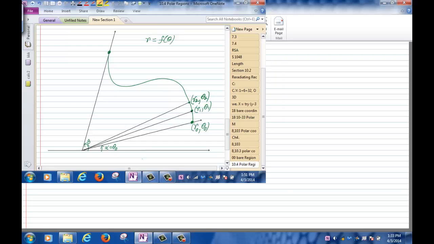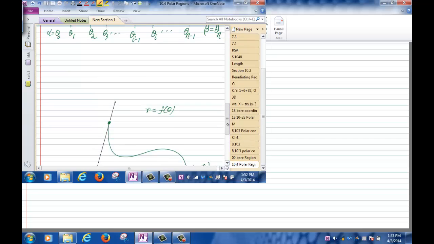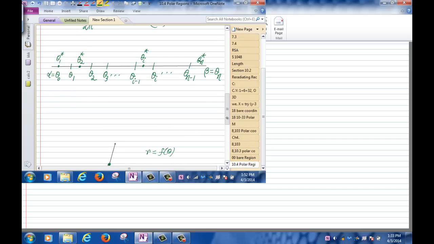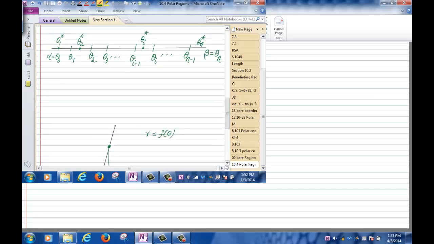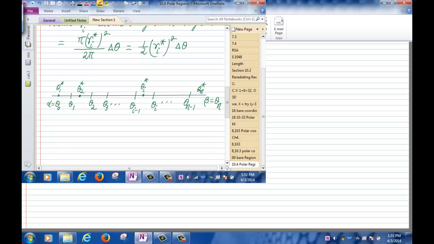And for the ith, remember when we took the partition of alpha beta, at some point I had the ith subinterval, right? So what's happening is that the first subinterval between theta 0 and theta 1 is giving me the first segment here. That segment corresponds to the first subinterval. You see that?